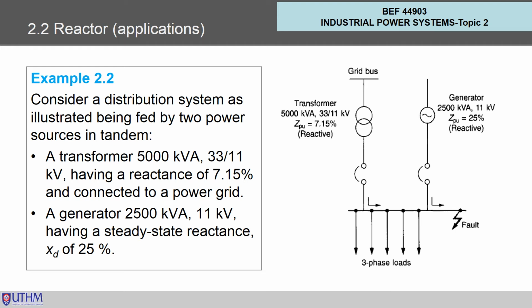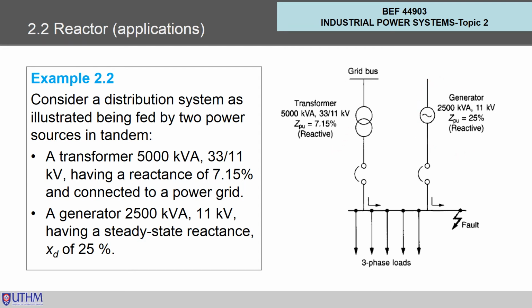Next is example 2.2 for reactor applications. Consider a distribution system as illustrated, being fed by two power sources in tandem. We have a distribution system that is connected with a transformer and also a generator.